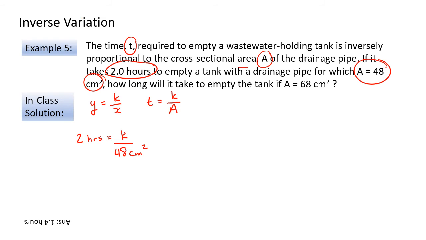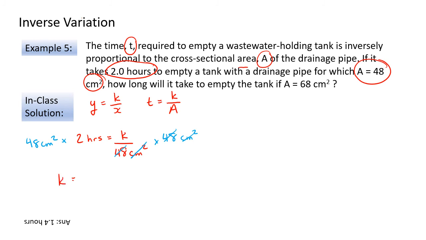Now solving for k, we have to remove the 48 centimeters squared from the right side of the equation. So you multiply both sides by 48 centimeters squared. Both the centimeters squared and the 48 cancel on the right-hand side.